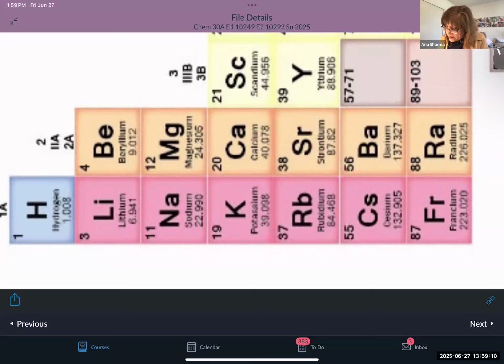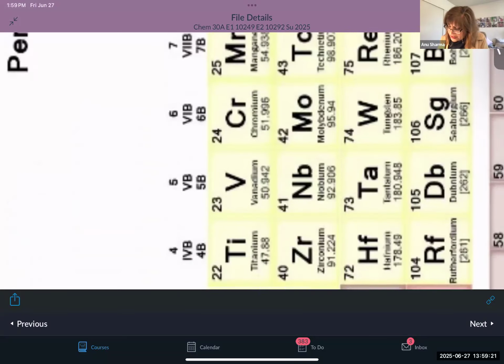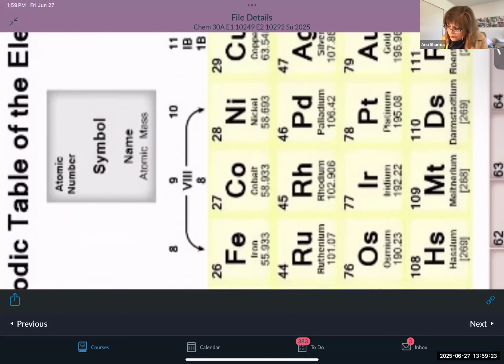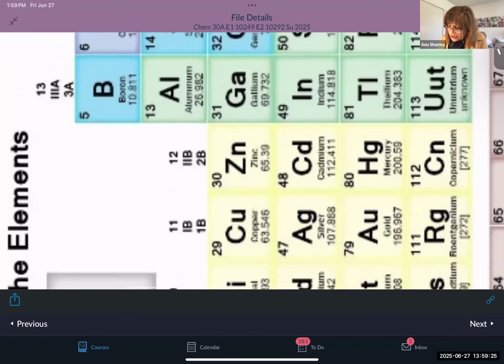Okay, now all this 3d on the top row, 4d on the bottom row, and then these finish.